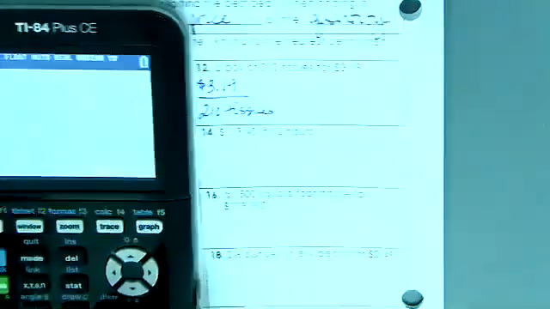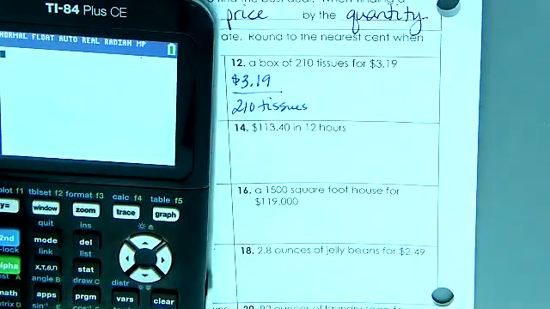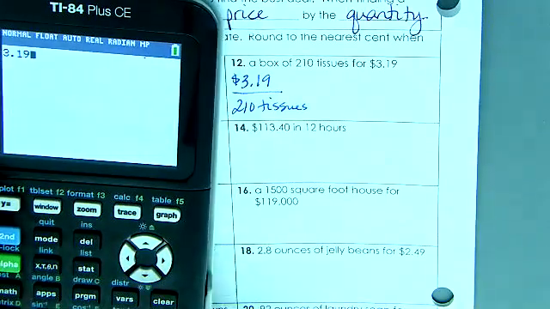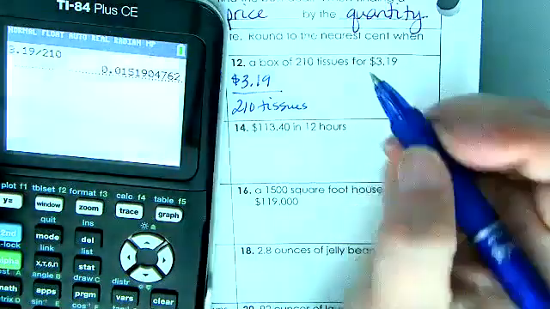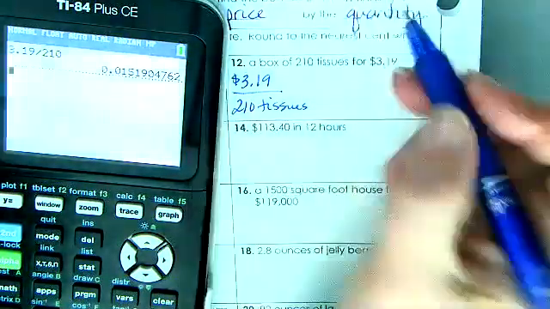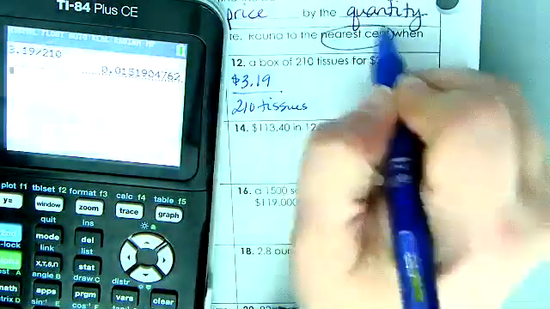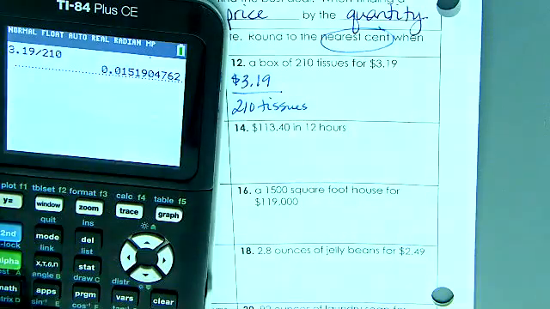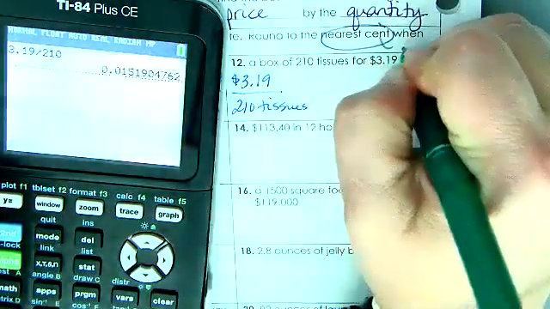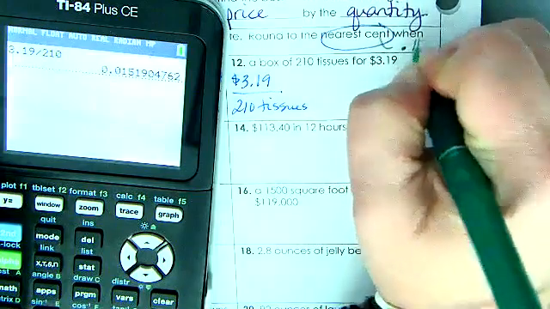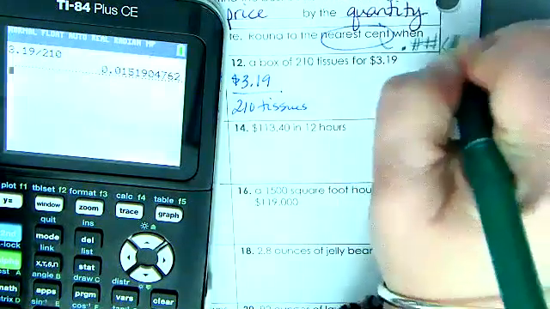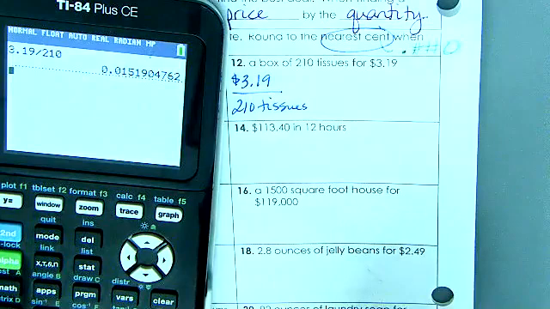Clear. So we have 3.19 divided by 210, which gives me, ooh, remember, I'm rounding to the nearest cent here. So that means it's going to be 2 decimal places. And I have to look here to make sure that I round correctly.